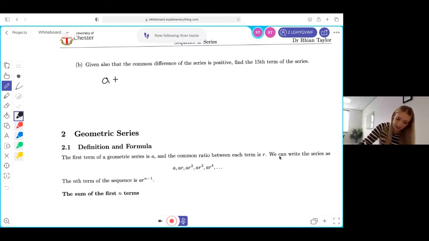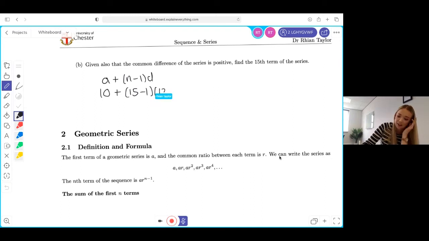So we have a plus n minus 1 d, where we have 10 plus 15 minus 1 times the common difference between them, which is 12. And for that one, I think you should get 178 as the 15th term there.